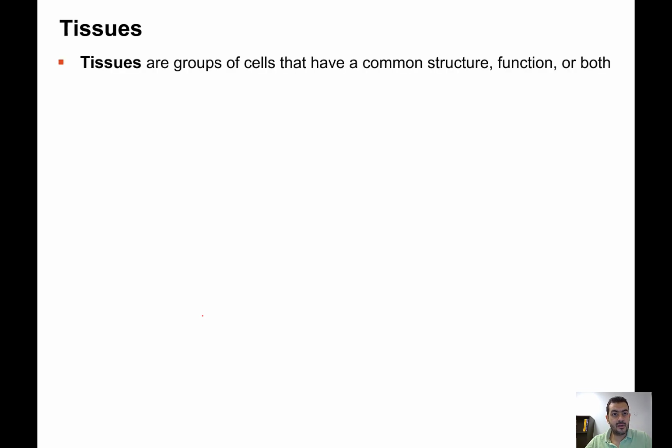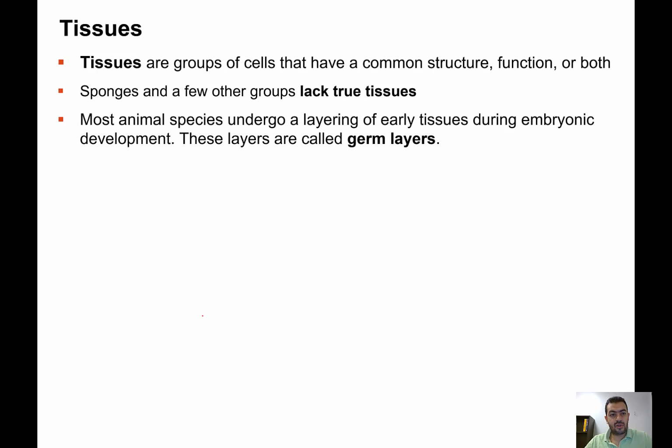Then the third characteristic in terms of the body plan is the tissues. Tissues are a group of cells that have a common structure or function or both. Some animals, like the sponges, lack true tissues, but the majority of other animals undergo layering and development of different tissues during the embryonic development stage, and these layers are called the germ layers.